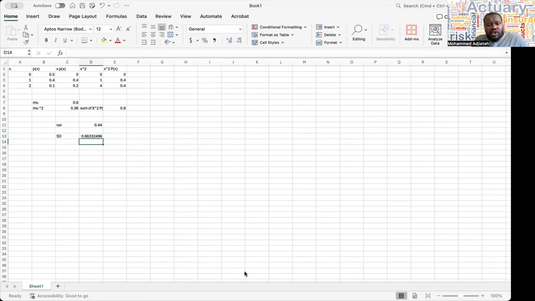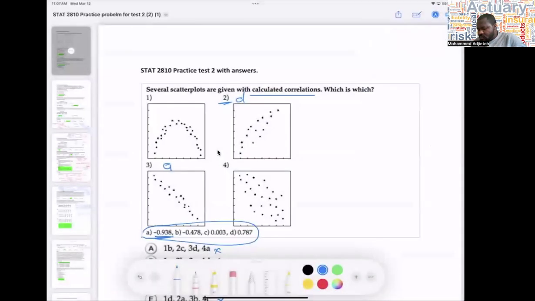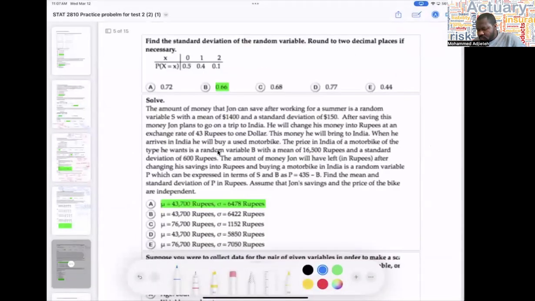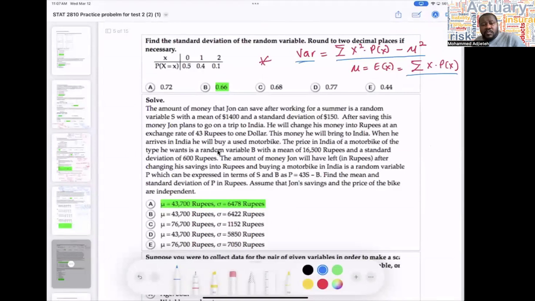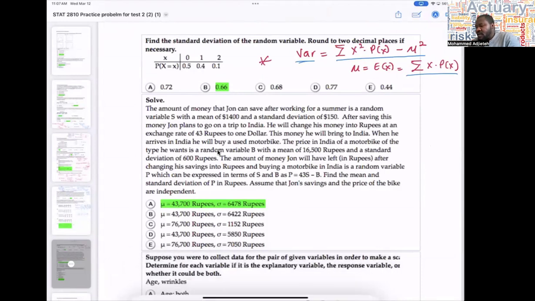So now let's go check our answer. There we go. You see we got 0.666 and that is 0.666. Okay, so that is for that.